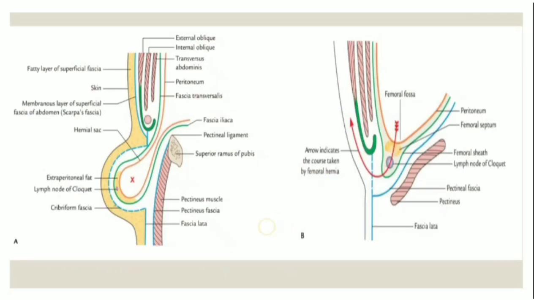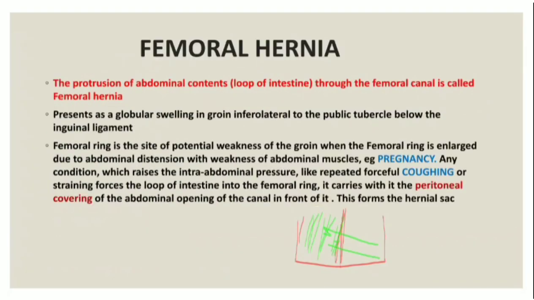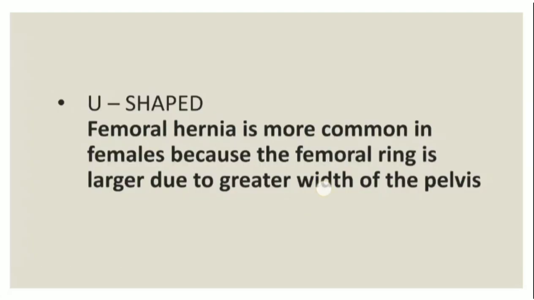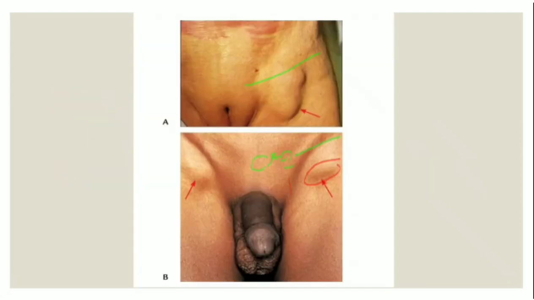If you leave it like this, sometimes a patient will think it is just some lump and leave it. If you leave it, what happens? This femoral hernia will become U shaped.